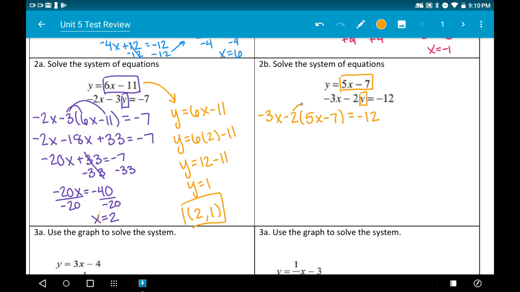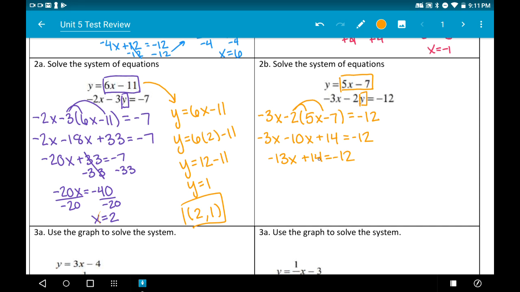Then we solve, so I distribute. And we get negative 3x. Negative 2 times 5x is negative 10x. Negative 2 times negative 7 is positive 14. And that equals negative 12. Then we combine our like terms, so negative 3x minus 10x is negative 13x plus 14 equals negative 12.